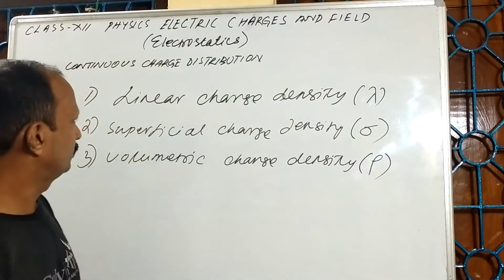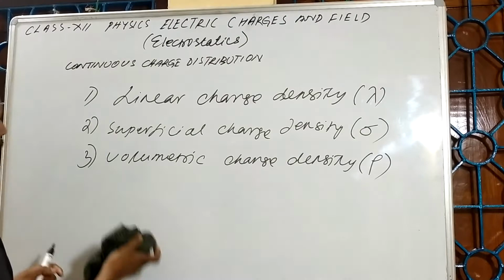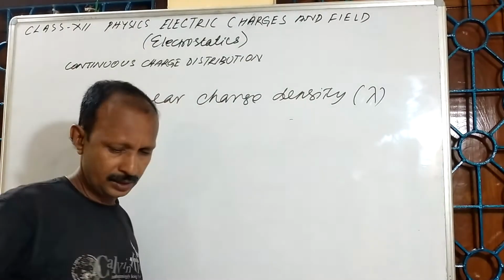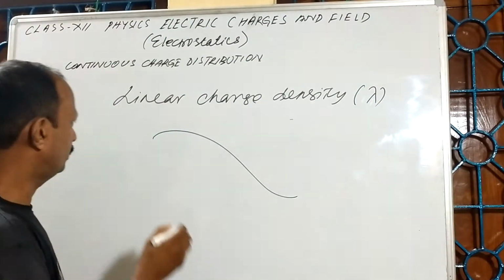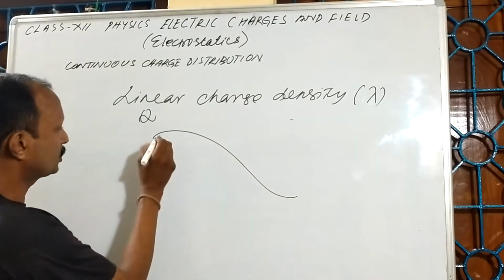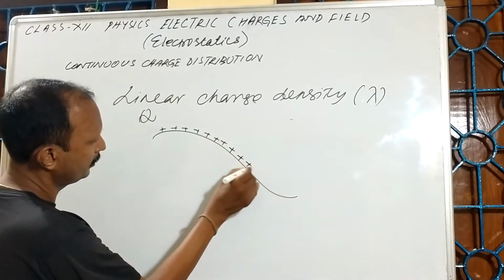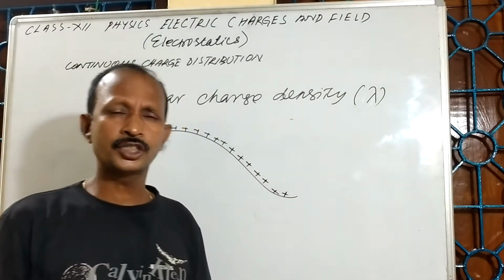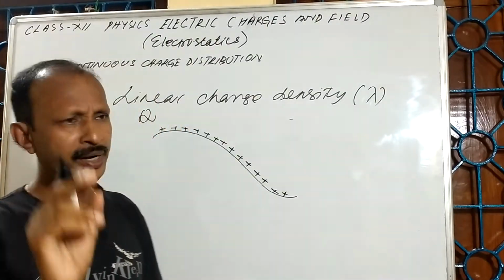So at first I shall explain what is linear charge density. See here, for example, we have taken one conductor. In this conductor, we supplied the charge Q. The charge Q is distributed uniformly. Here charge density means the charge present in unit length.